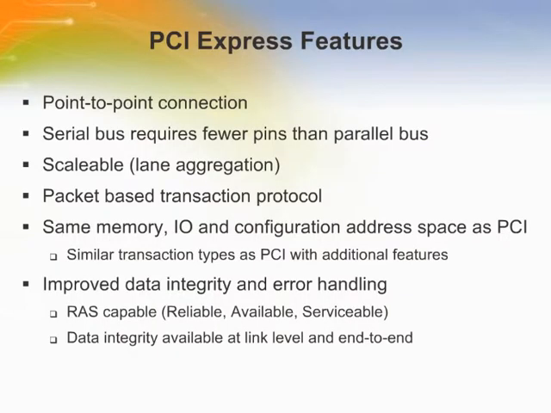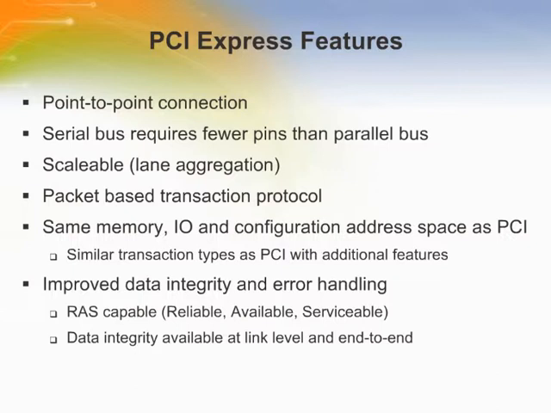There are many attractive features that come built into the PCI Express specification. Besides having a point-to-point connection between two devices, utilizing a serial bus requires fewer pins in design versus that of PCI. With lane aggregation, PCI Express is very scalable to bandwidth-intensive applications. Since PCI Express evolved from PCI and PCI-X, migration is much easier.